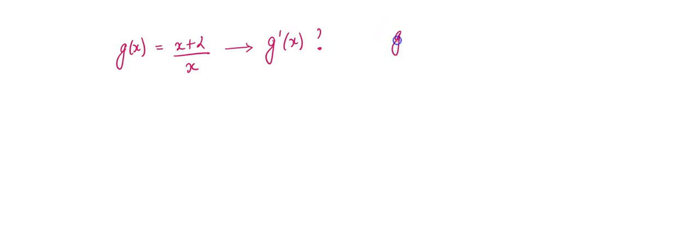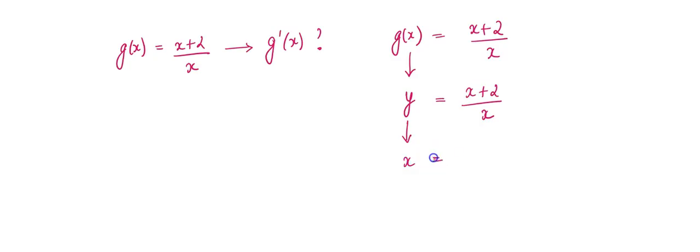Now g of x is x plus 2 over x. If you need to find its inverse, let's just call this y. I'm just showing the side calculation for this. We know the rule was that the x and the y get interchanged, so this y will now be x, and all these x's would now become y.